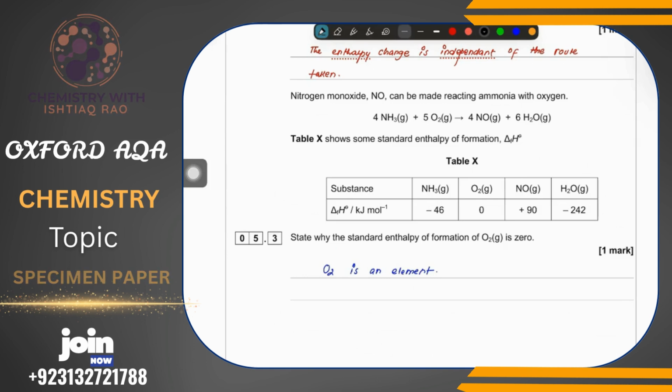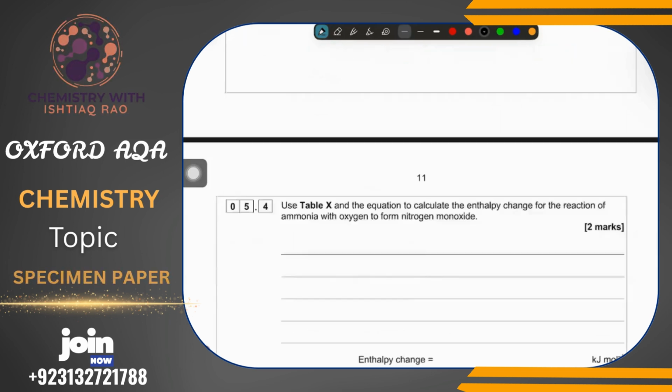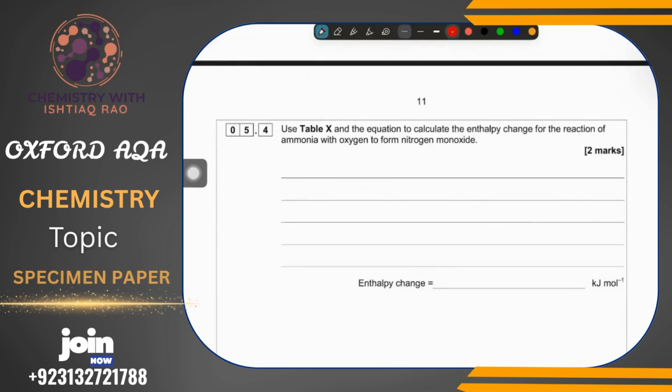But the thing to check is that you are not supposed to draw the Hess cycle. You can directly apply the formula: delta H is equal to product minus reactant.